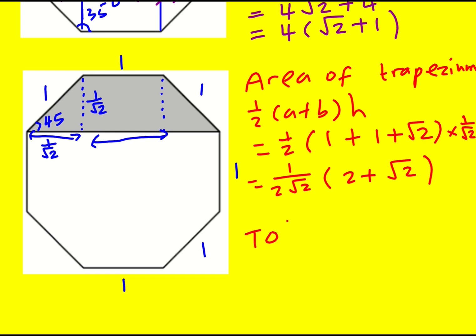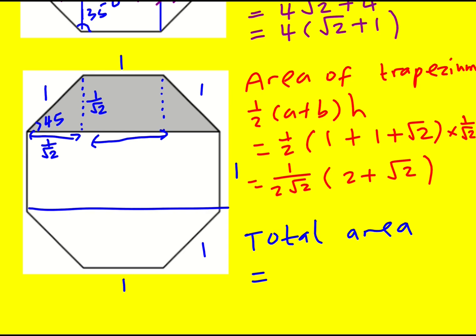Total area we can work out. Maybe do it in a different color actually. So in the same way as before, I can just double it to work out this bit and this bit.